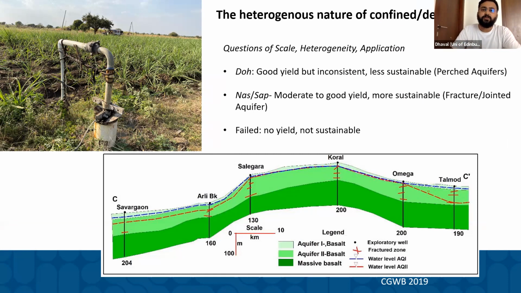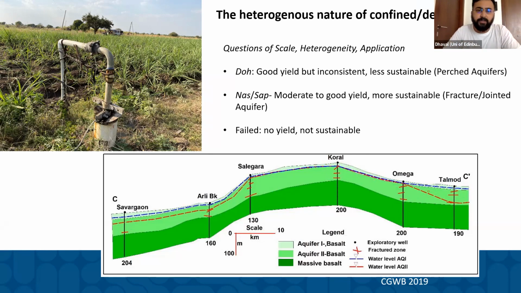But the experiences of the people are very different from what is reflected in the map. And that brings us to the question of scale and application of this understanding that we are producing about these aquifers. People recognize the confined aquifers through 3 different interventions that they do.